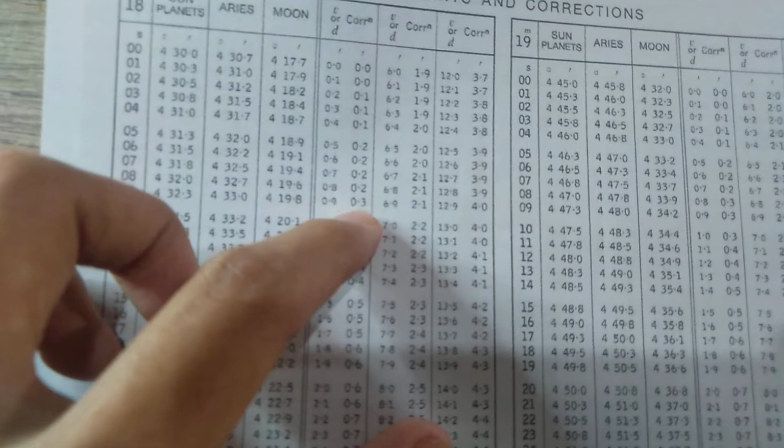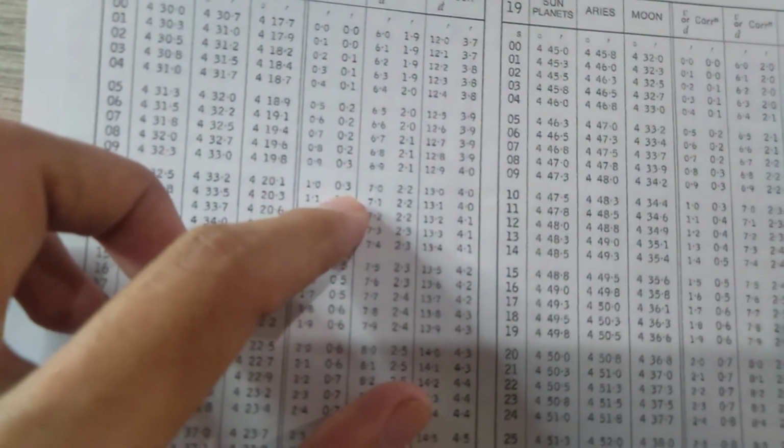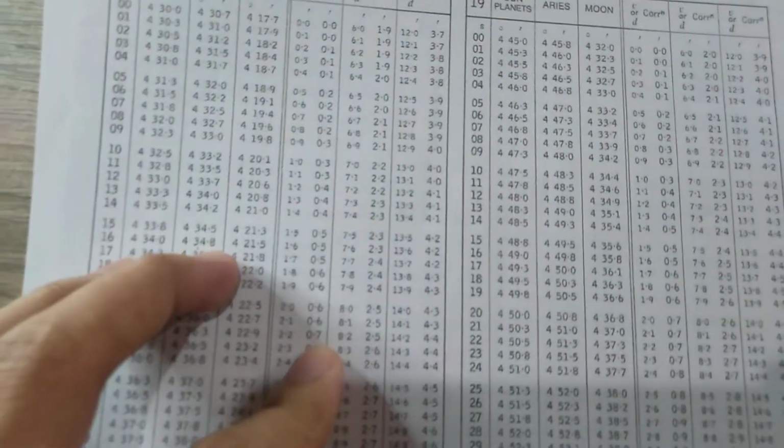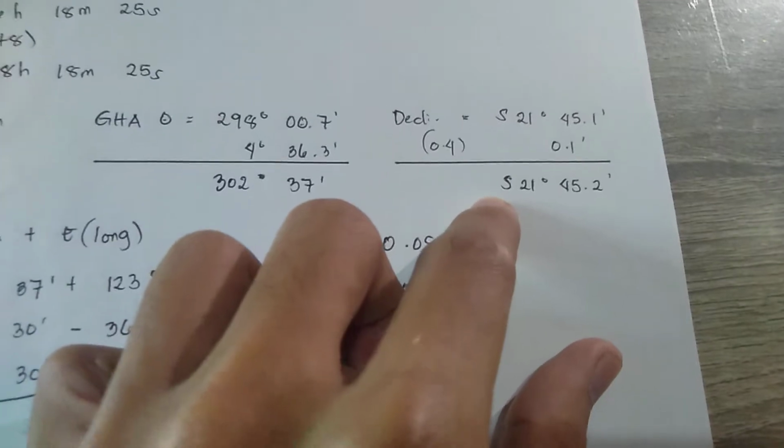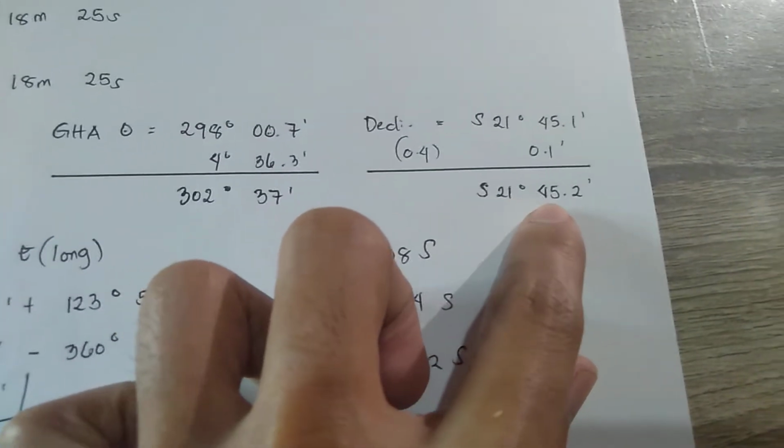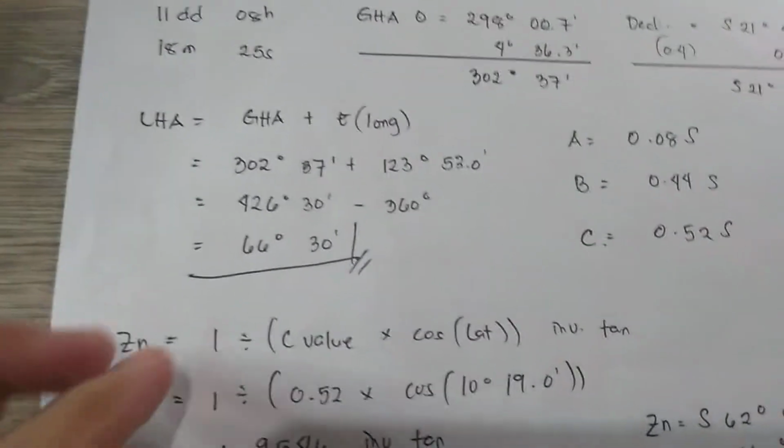And since the declination is increasing, we're going to add the correction. So that would be south 21 degrees 45.2 minutes.